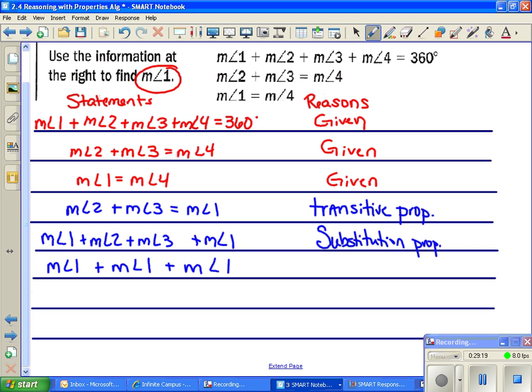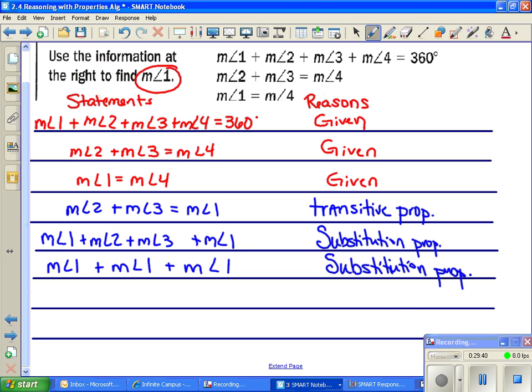Okay, and what would that be called? How about substitution again? You're just replacing it, right? Okay, so you did substitution property.